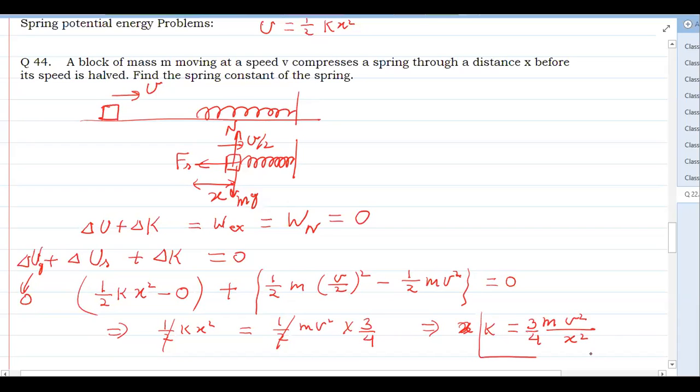So this will be the value of the spring constant. In this way we can find it. Whatever is the loss of kinetic energy of the object, the whole energy is going into the spring potential energy of the spring.